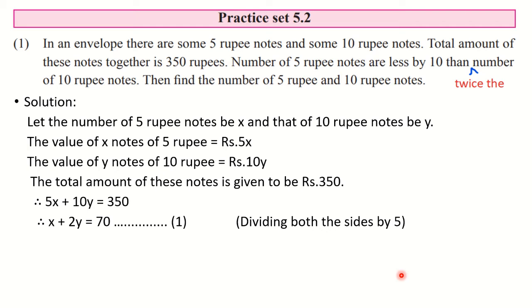So what we can write down here is 2y minus x is equal to 10. Or if you want, you can write it in this way also. Number of 5 rupee notes means what? x. Then equal to, and here 2y minus 10. Okay, so this equation you can write as x is equal to 2y minus 10.